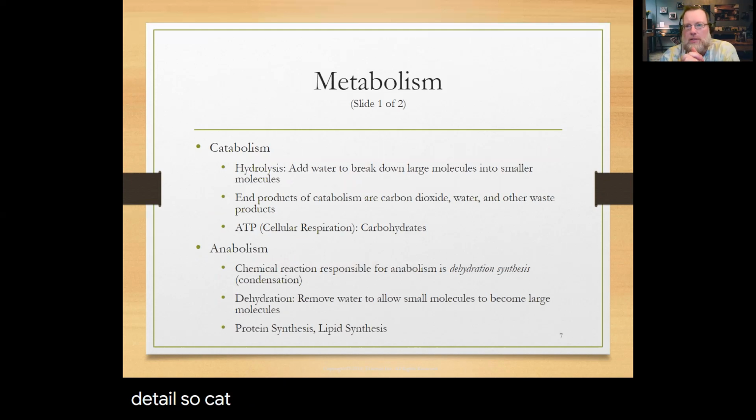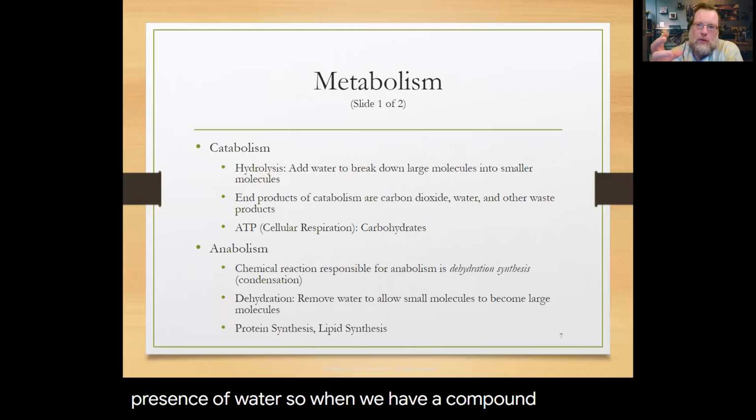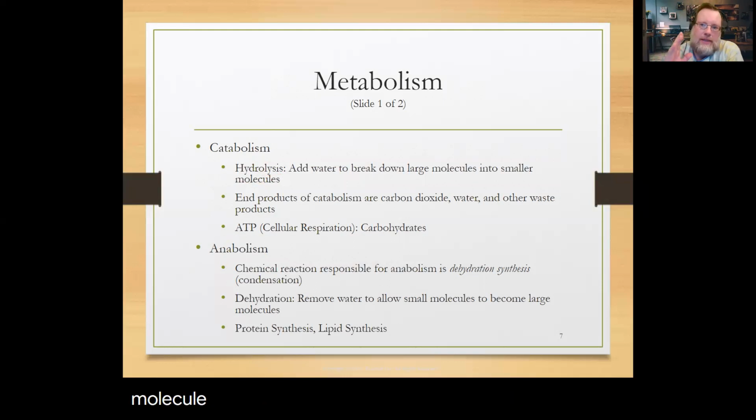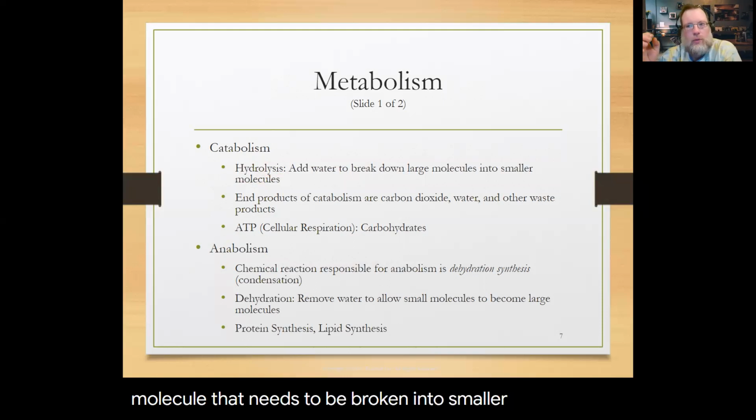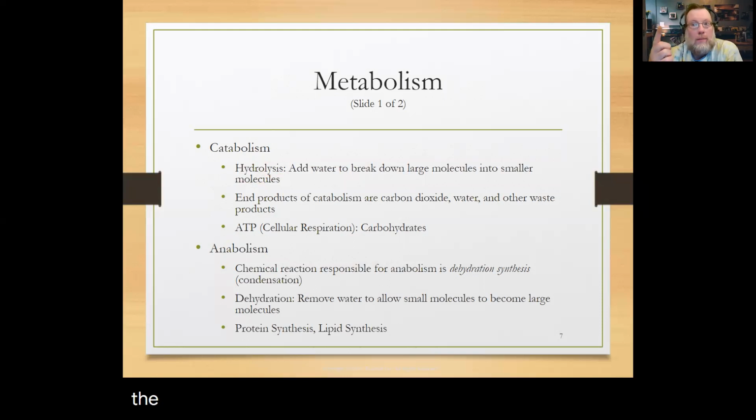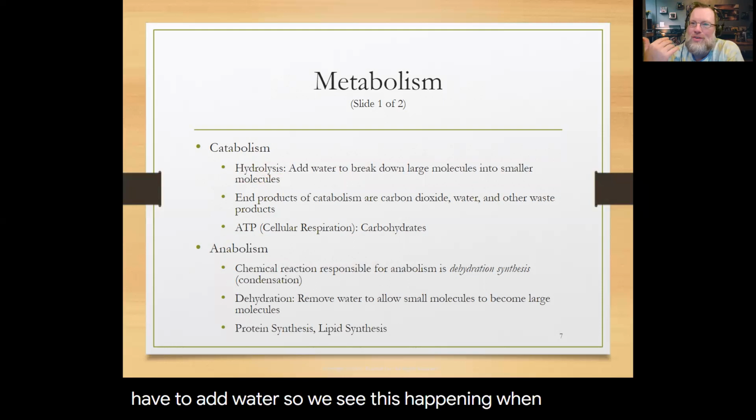So catabolism, the actual breaking down of a large molecule into multiple small molecules, occurs usually in the presence of water. So when we have a compound or a large molecule that needs to be broken into smaller molecules, one of the main ingredients to get that to happen is we have to add water. So we see this happening when we digest food.